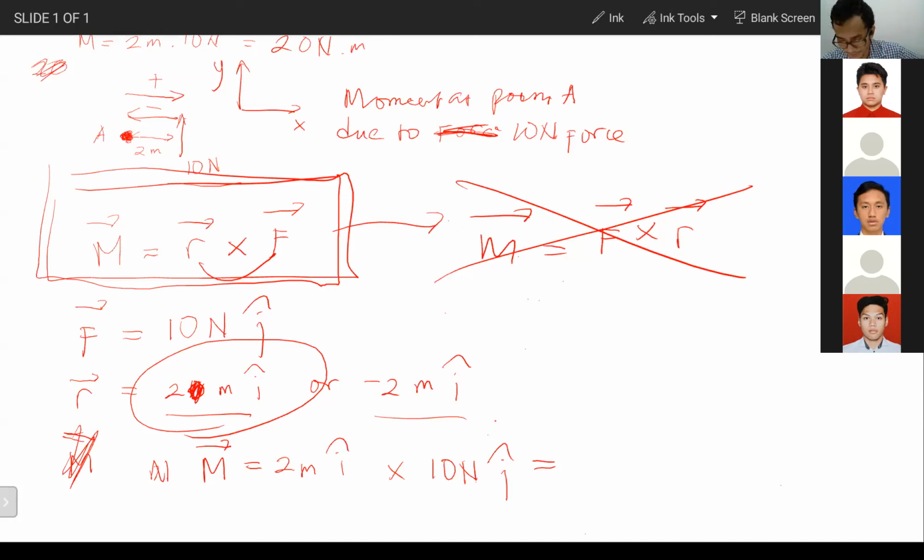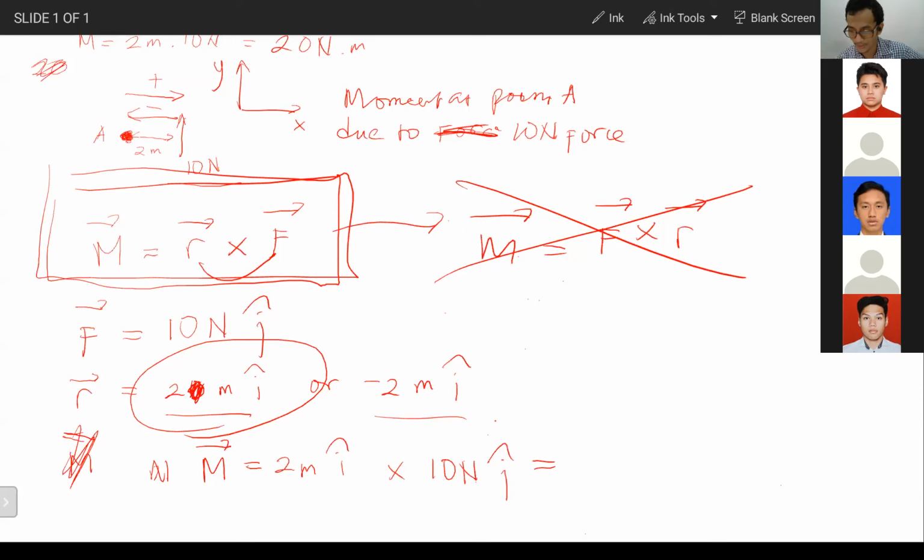Okay? So it's a cross product. Remember, I cross J, the result is K, positive. I will not repeat all the things that the mathematics lecturer already told you guys, because that's your job to review that.